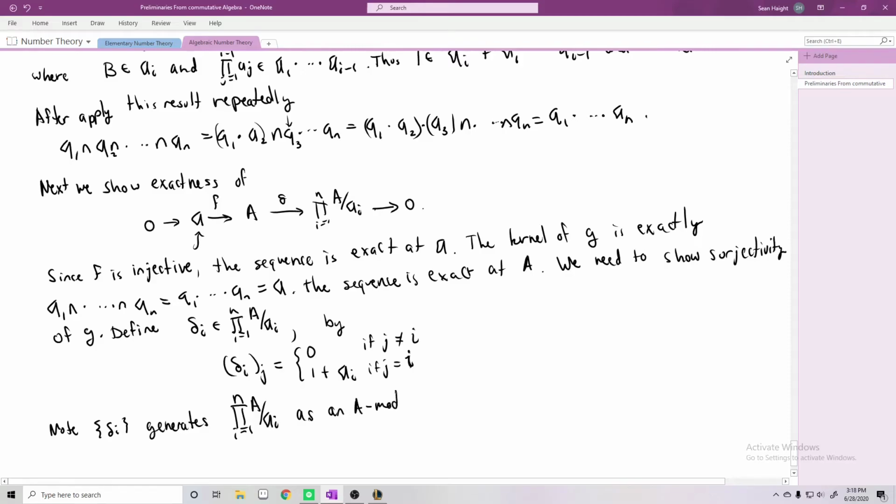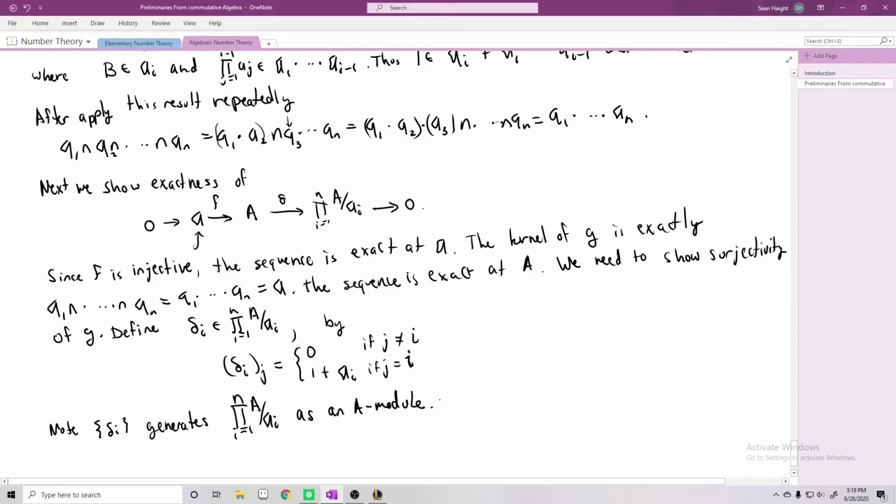So maybe there's some work to check. If you give me a product of elements here, then you can pretty easily figure out what the appropriate coefficients to put on each delta i are.